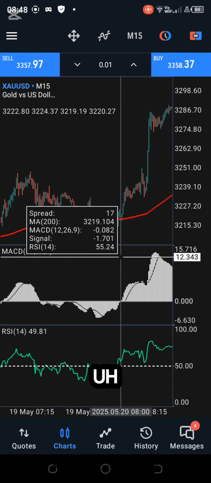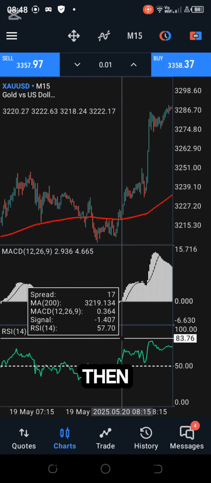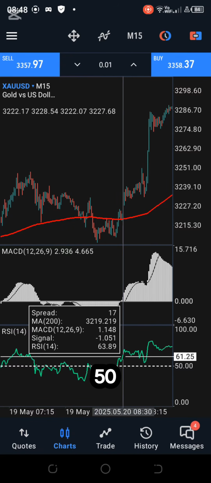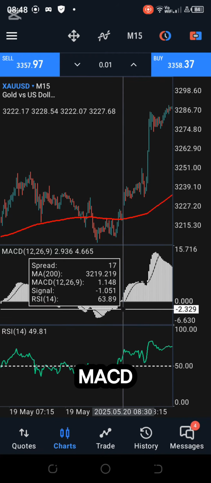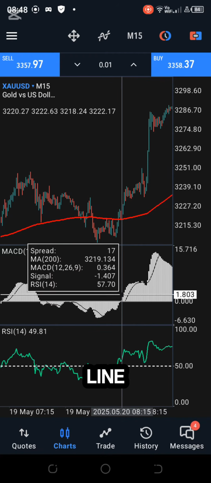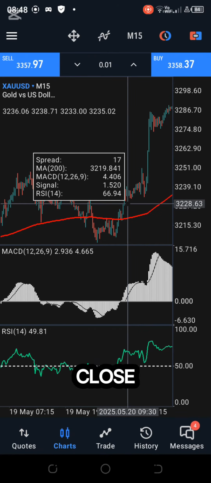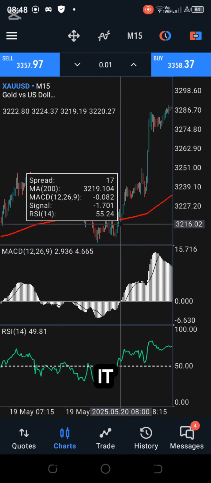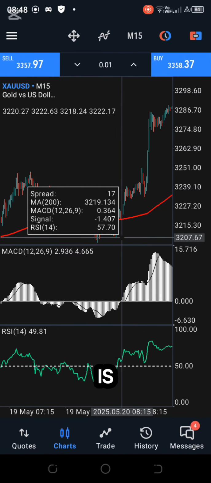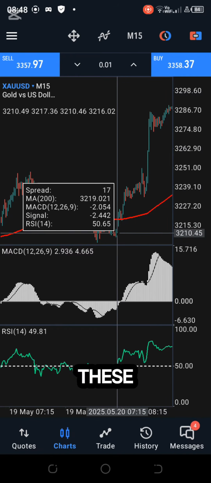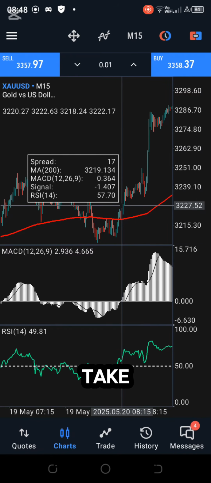One, the price is above the moving average. Then on the RSI, we're also trading above the 50 level. And then the MACD crosses above the 0 line here. You just have to wait for the candle to close. That's the most important thing. Then when it closes, check that the MACD has closed above the level and all these conditions are satisfied. Then you're going to take your buy trade.